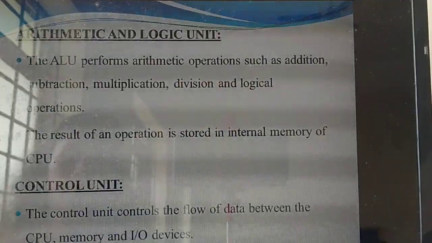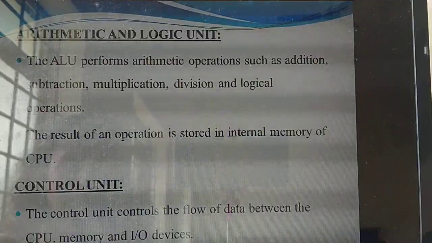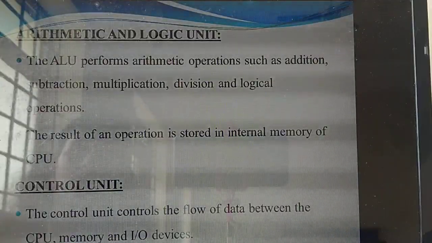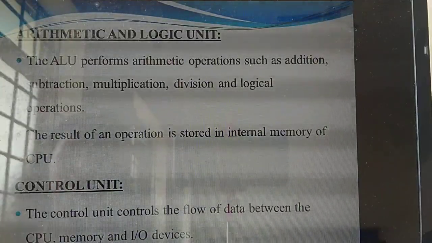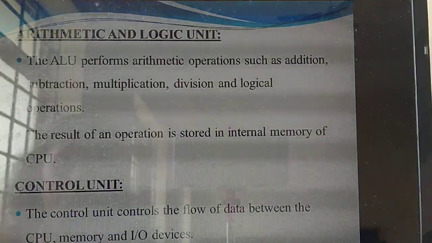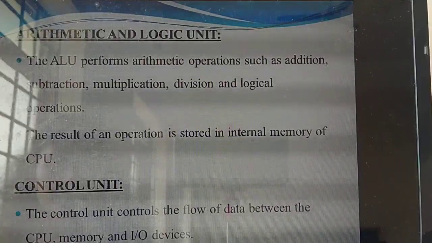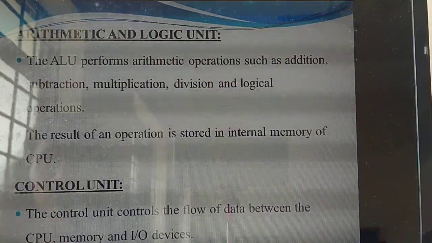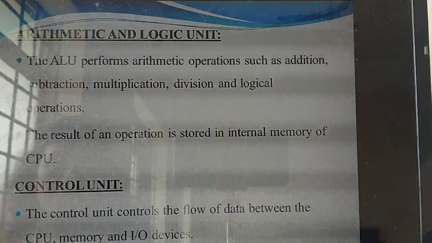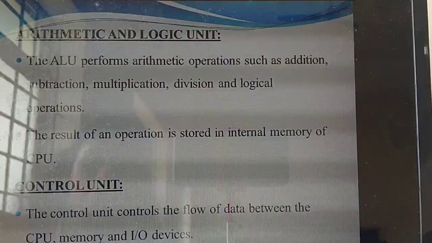In memory. Where is memory present? Inside the CPU, the central processing unit. So the result of an operation is stored in the internal memory of the CPU. Understand? Yes. Next thing is the control unit.